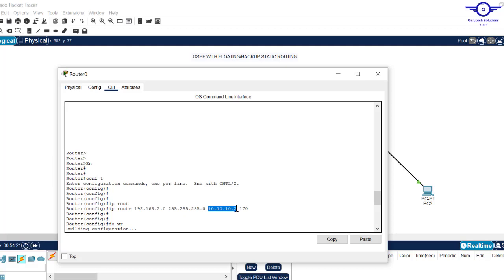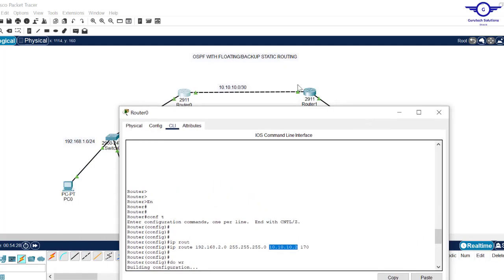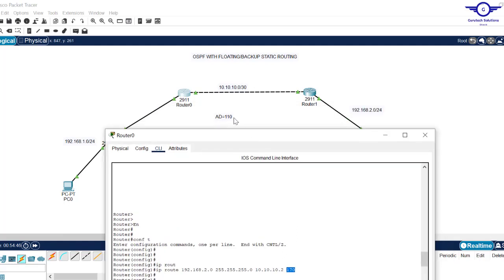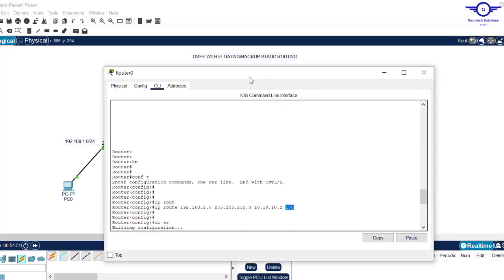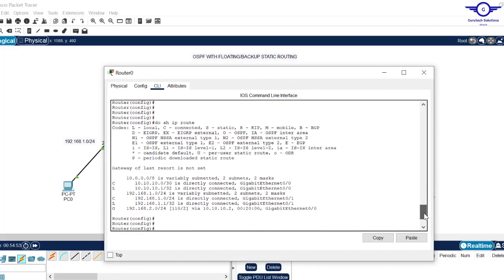The next hop IP address should be the IP address of this interface, because the next hop of this router is this one, which is 10.10.2. Then to make it a backup, you have to give it a higher administrative distance than the normal administrative distance of OSPF, meaning it will be a backup route.